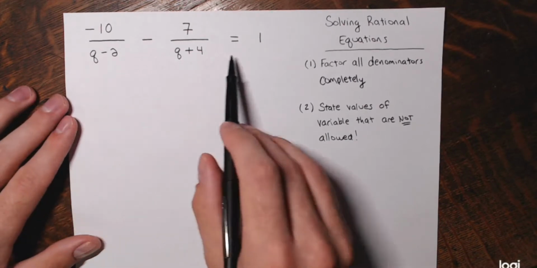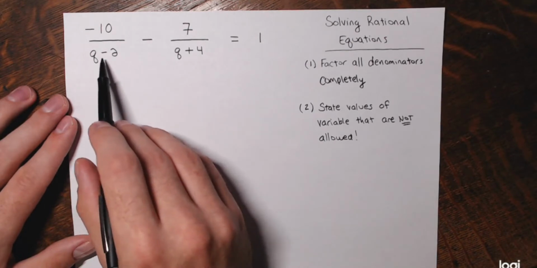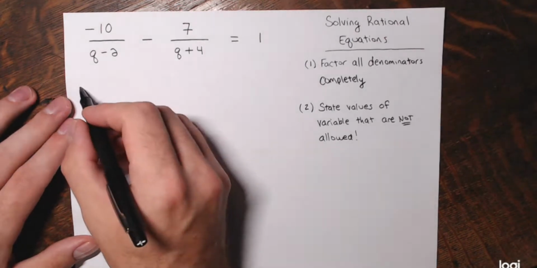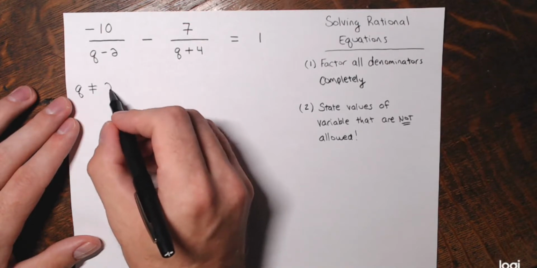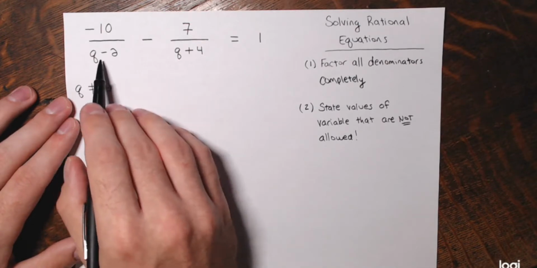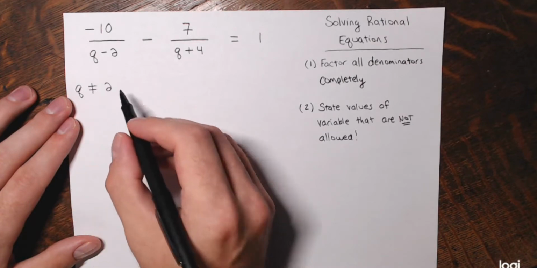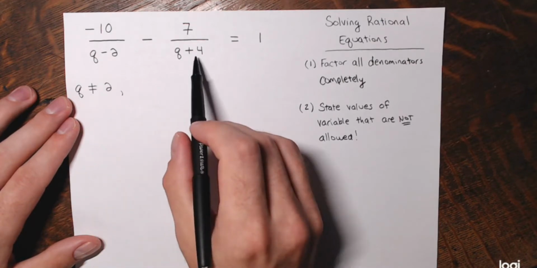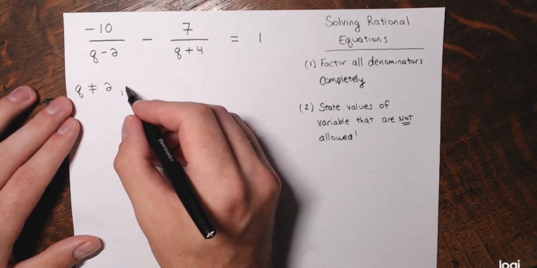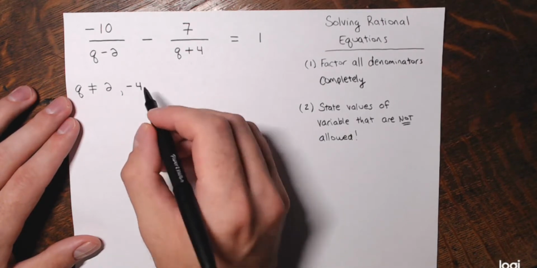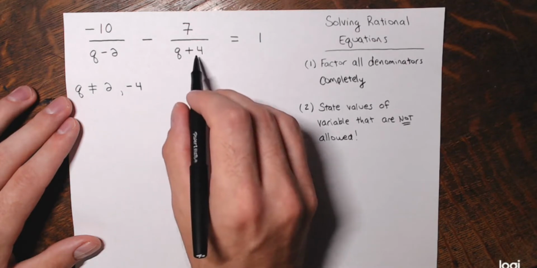So looking through this, q minus 2 is a factor in a denominator. So q can't be equal to positive 2, because that would make this denominator 0. Also, q plus 4 is a factor in a denominator. So q could not be replaced by negative 4, because it would make that denominator 0.